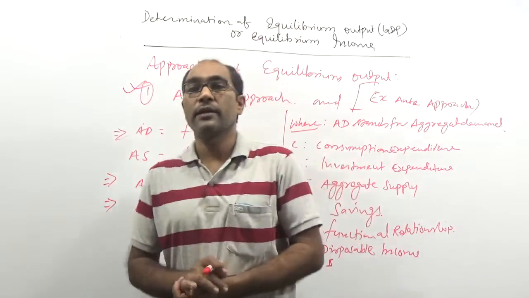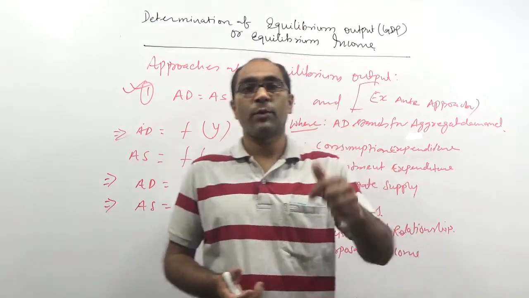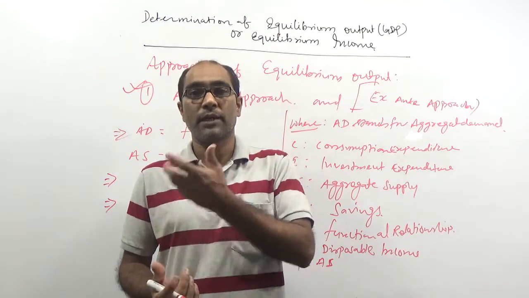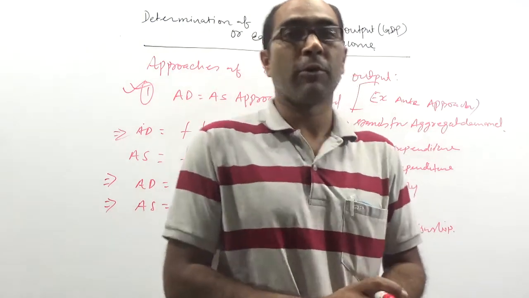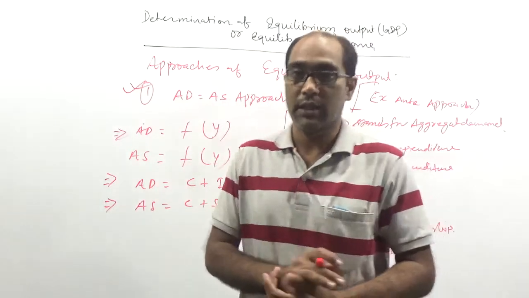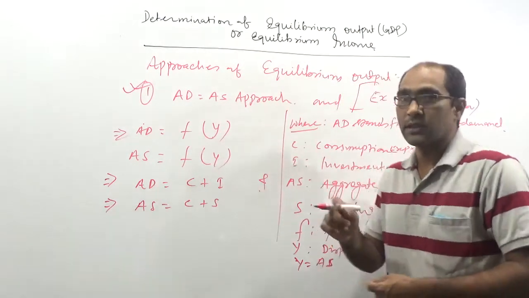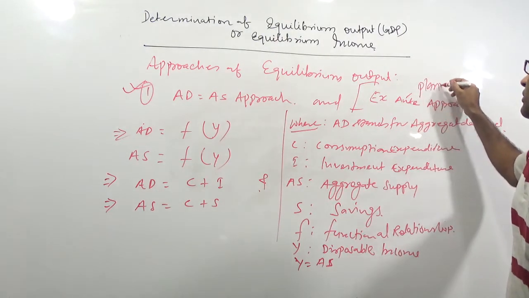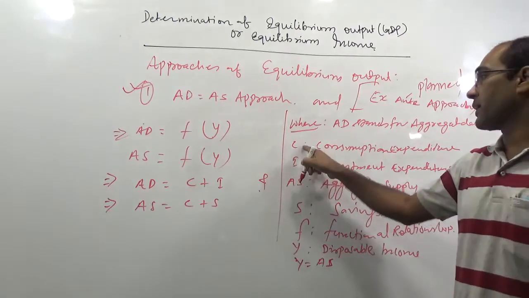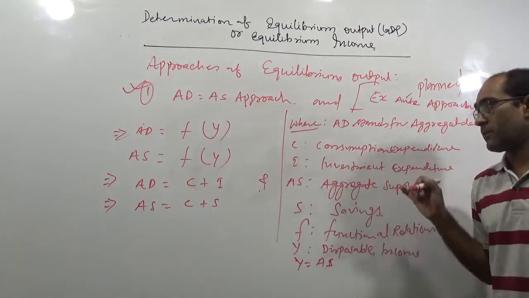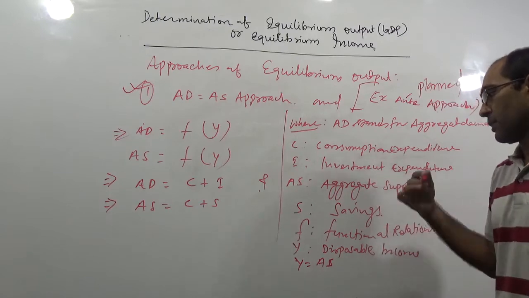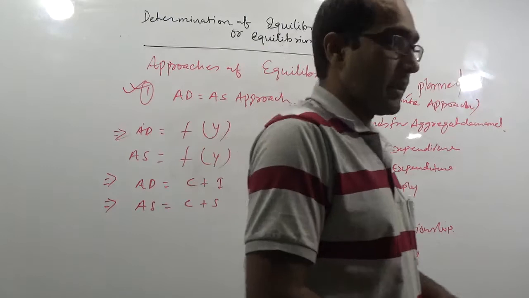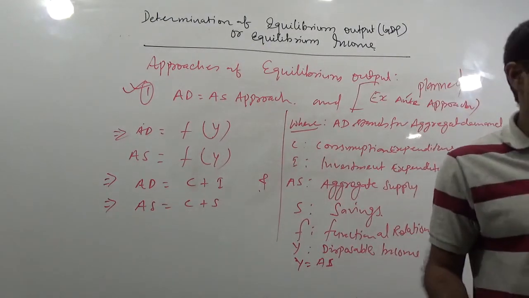You will get the real data after completion of the financial year. But our objective is to formulate the policy much before the inception of the financial year. So we have to consider only the ex-ante approach, that is called the planned approach: planned consumption expenditure, planned investment, planned aggregate supply, planned saving, planned level of income. So everything is estimated or planned, not realized.